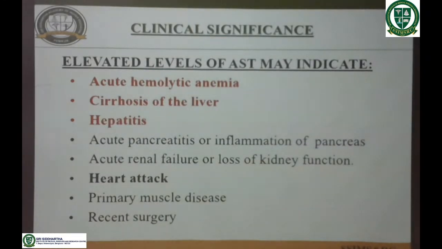So majorly AST levels can be elevated in these 3 conditions. Apart from that, even in hypotensive conditions, primary muscle disorder, recent surgery, and acute pancreatitis, or inflammation of the pancreas. In these conditions, AST levels can be elevated.